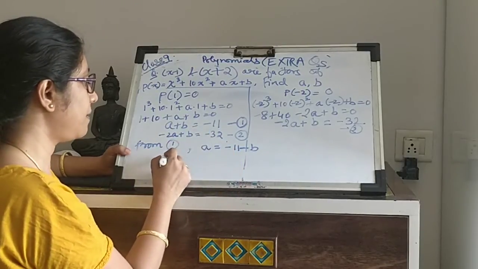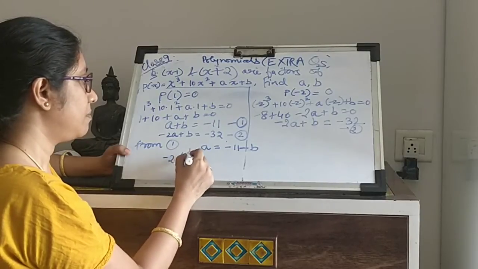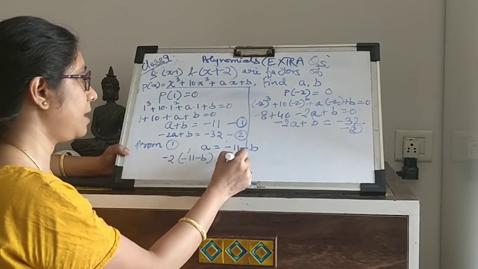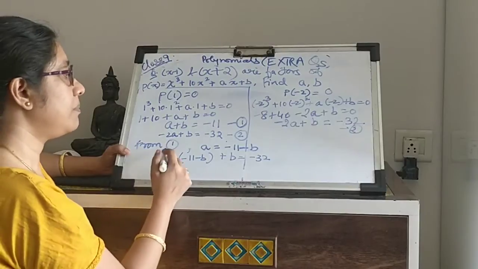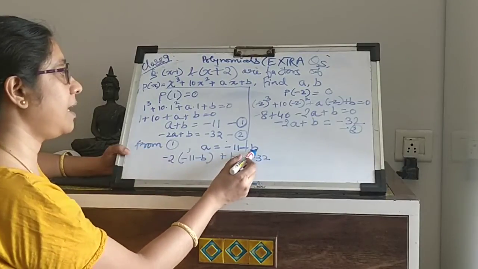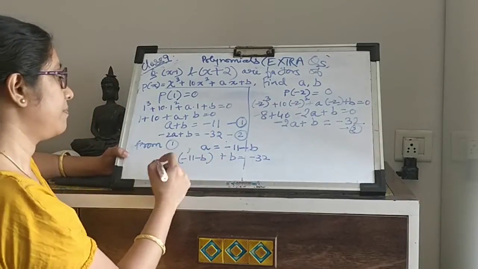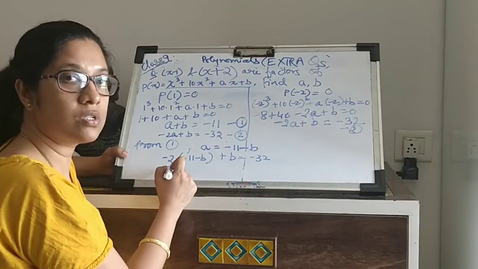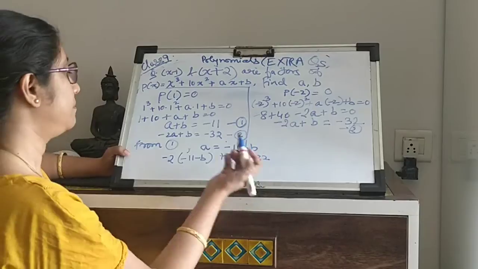So what I have is minus 2 times (minus 11 minus b) plus b is minus 32. Simply substituting the value of a that I get from equation 1 into equation 2. And again, what we have here is a simple linear equation in one variable, which can now be very easily solved. Okay?